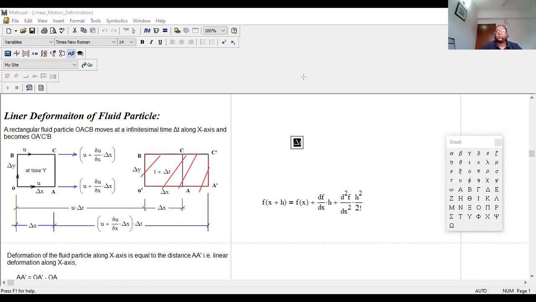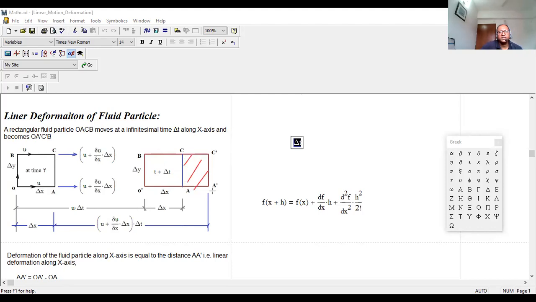Now you need to derive the mathematical equation. You see how much his dimension increases along the x-axis. The dimension increases only this much.